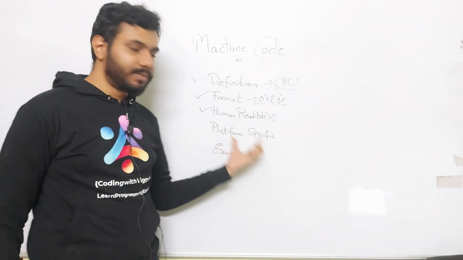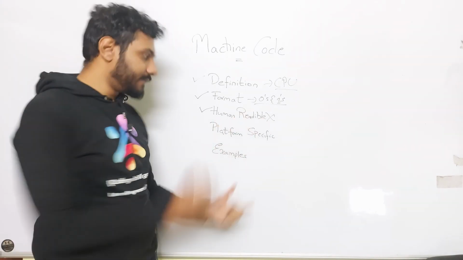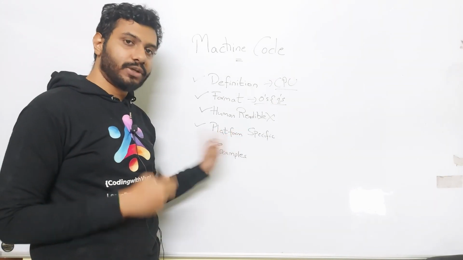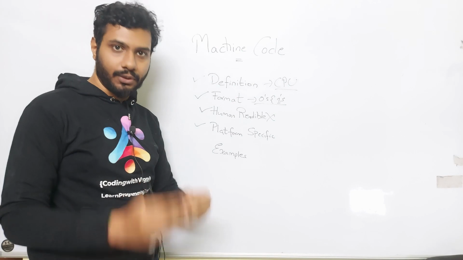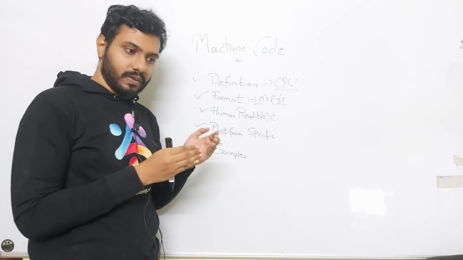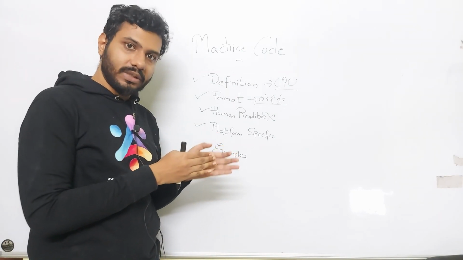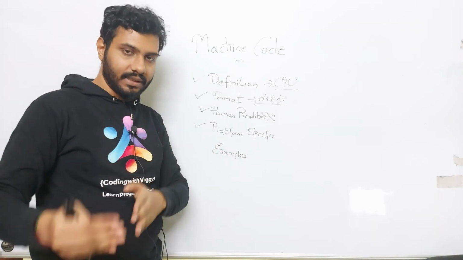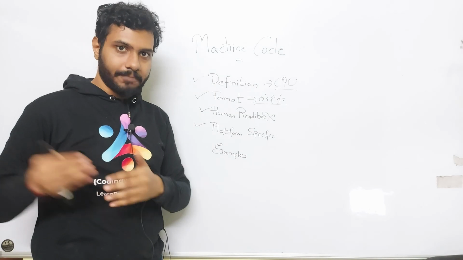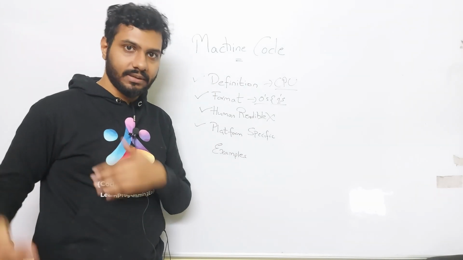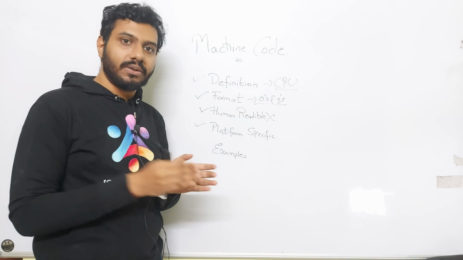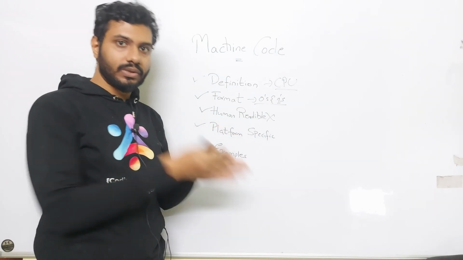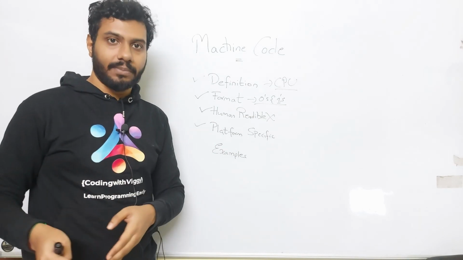Now, is it platform specific? Yes, it is platform specific. Machine code is specific to the architecture of the CPU. Machine code is dependent on Windows, on Linux, and on the Mac operating systems. The three are different. You can't take the machine code of Windows and put it in the Linux operating system.